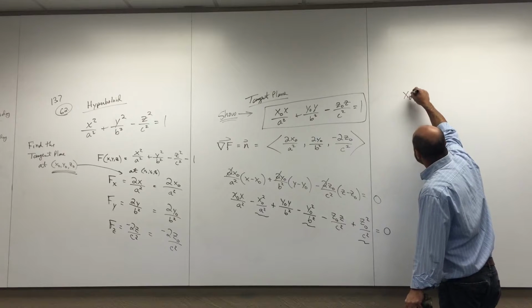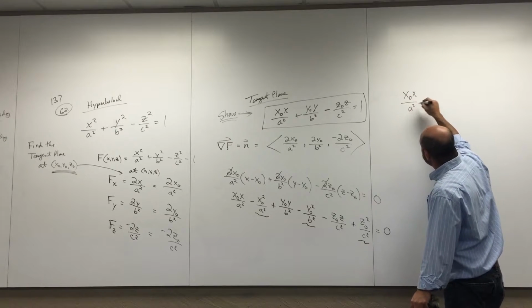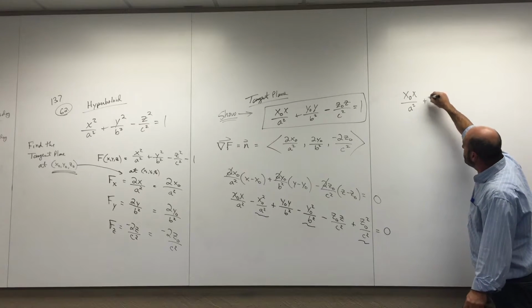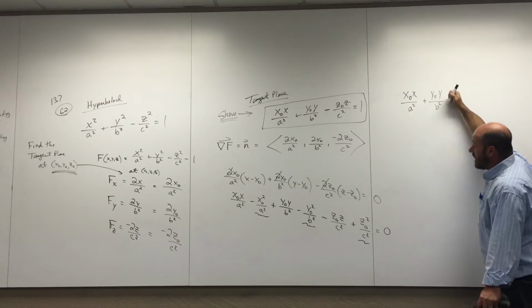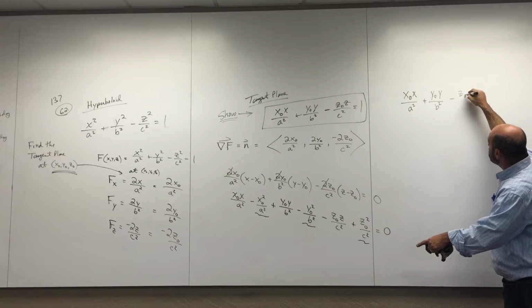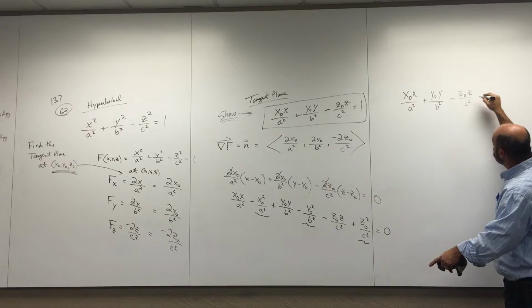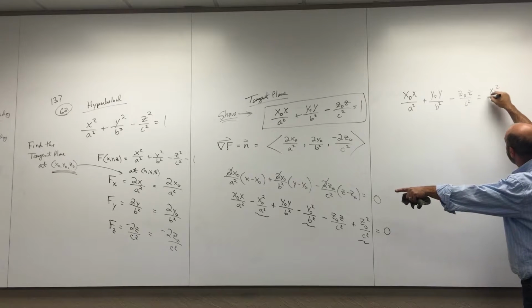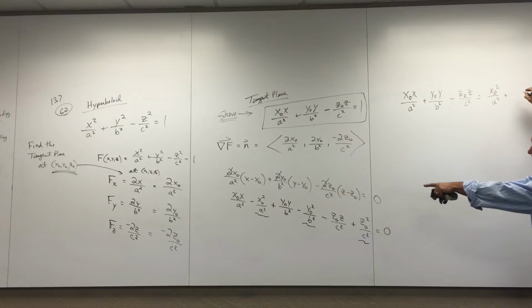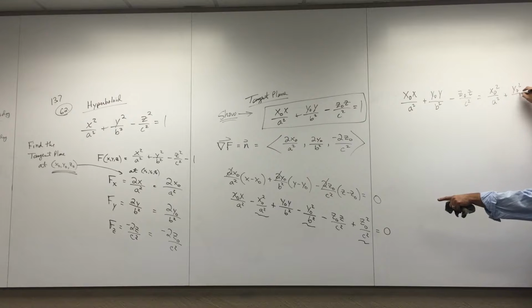Let me see. X naught x over a squared, I'm leaving this y naught y over b squared, I'm leaving this here. I'm going to have a negative z naught z over c squared equals, and then on the other side, I'm going to put that x naught squared over a squared, that y naught squared over b squared, and that negative z naught squared over c squared.